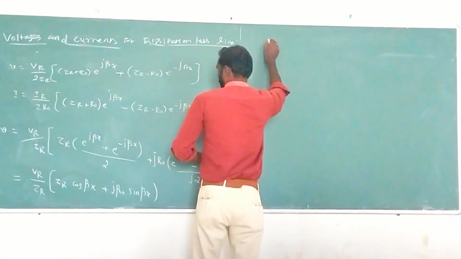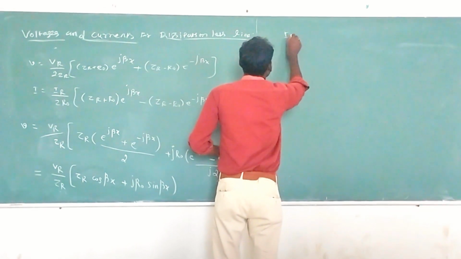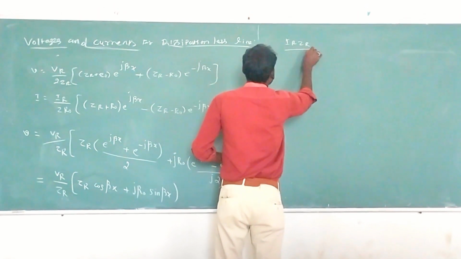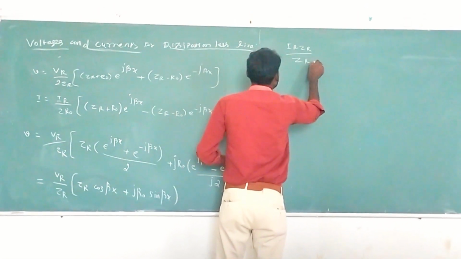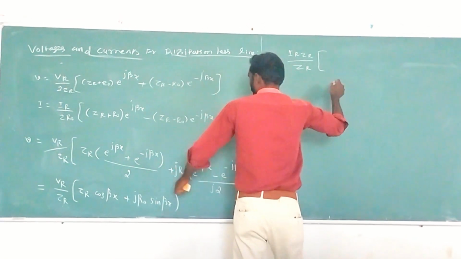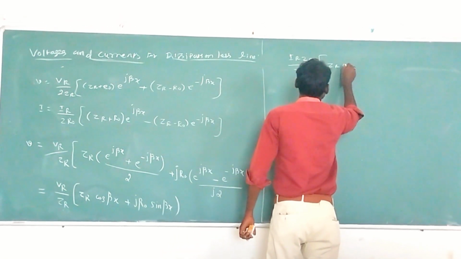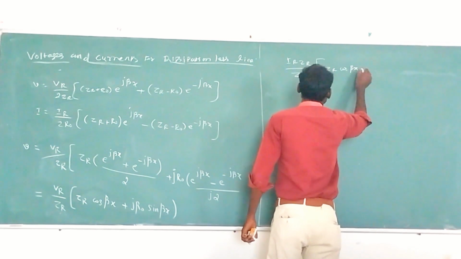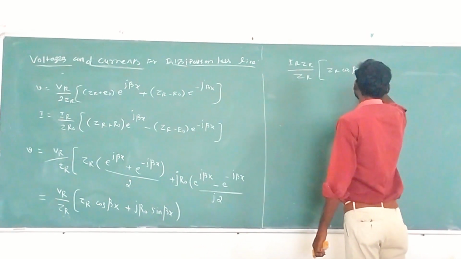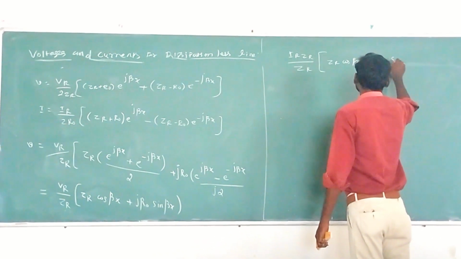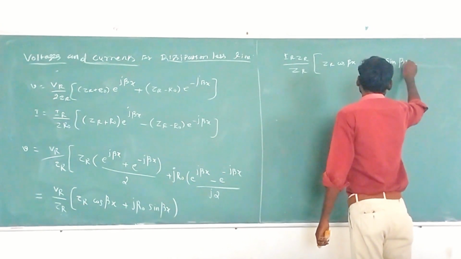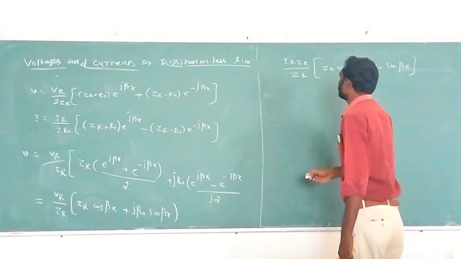So VR is substitute IR into ZR divided by ZR cos beta x plus j R naught sin beta x, right?